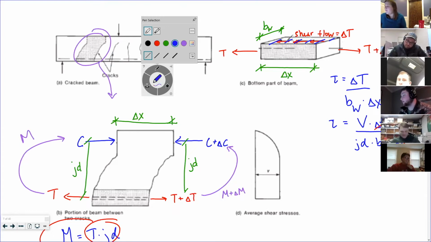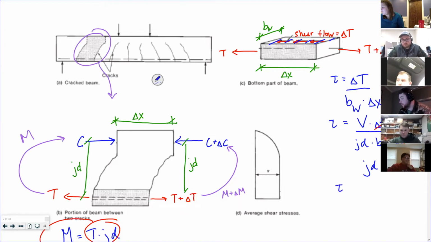And if I say that that moment arm jd is about equal to d, then my shear stress is my shear force divided by my beam width times d.